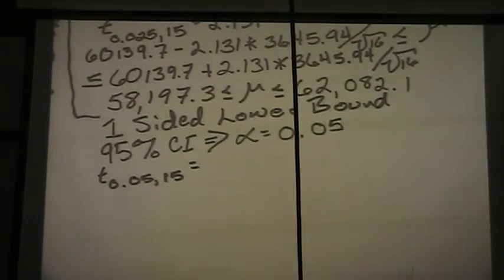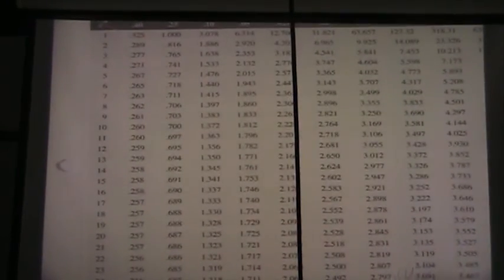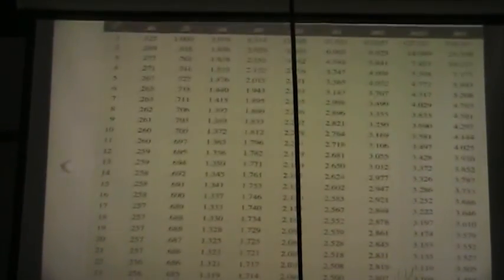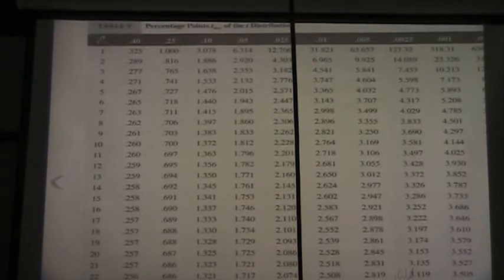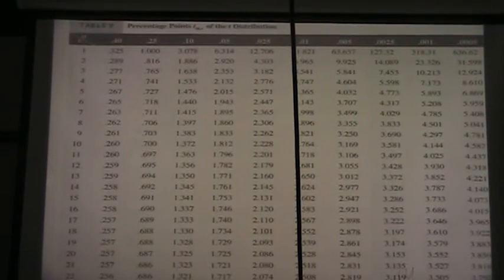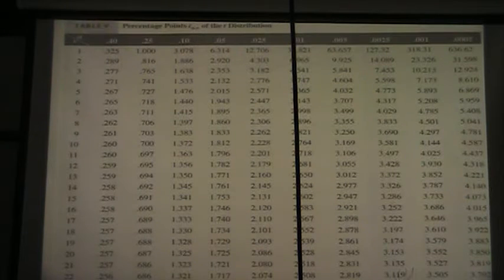All right, so once again, I pick up my table, and oh dear, what did I do with my pieces of paper?